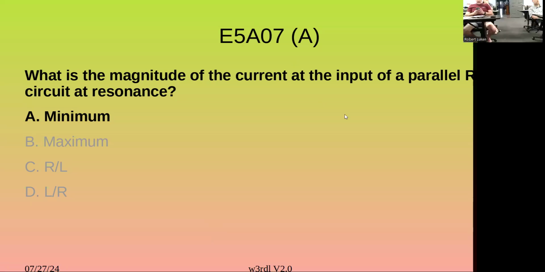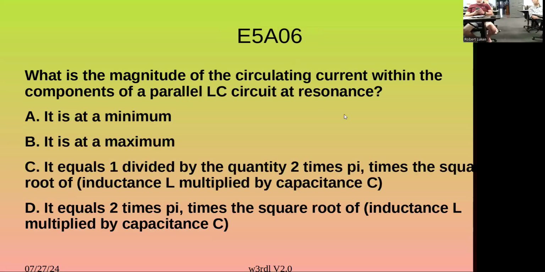Okay. Let's see what we got next. What is the magnitude of the circulating current within the components of a parallel LC circuit at resonance? Well, my guess would be that it's not, well, I don't know. I can't say.